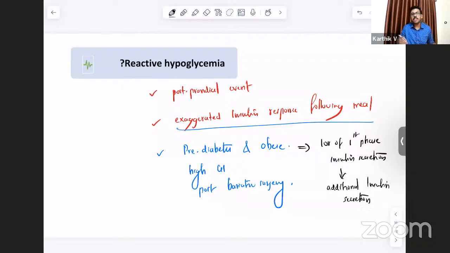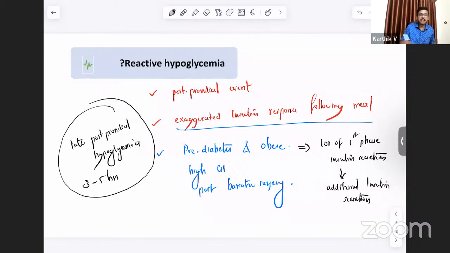And when these individuals are taking high glycemic index foods, what will happen? There will be a sharp spike or rise in blood glucose followed by a sudden fall. So when the blood glucose is high, there is not enough insulin to counteract that. When the blood glucose is falling down, your body will be producing excessive amount of insulin, so that the patient would develop late postprandial hypoglycemia at around 3 to 5 hours.